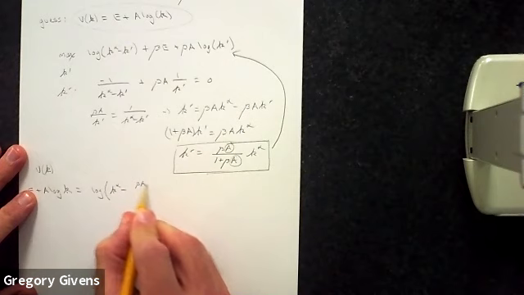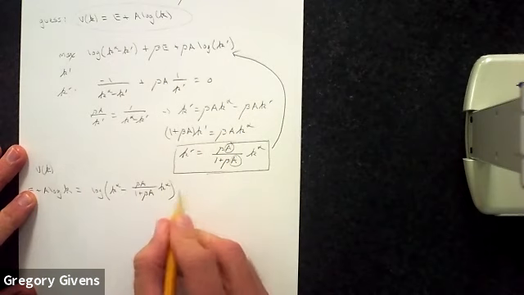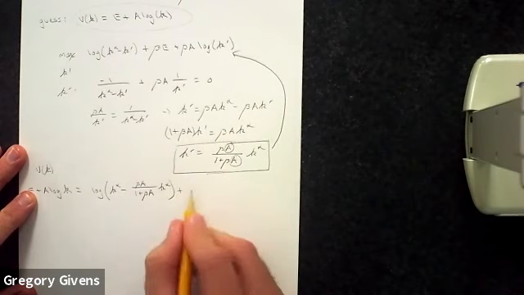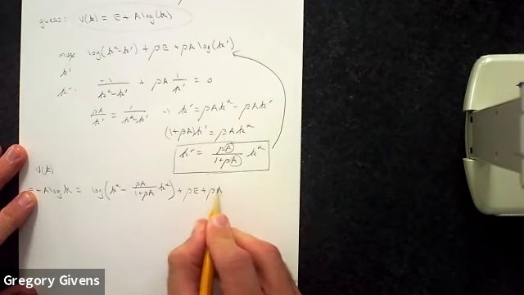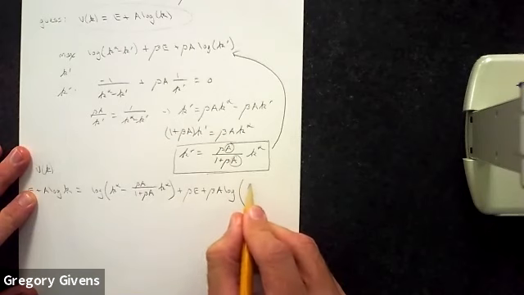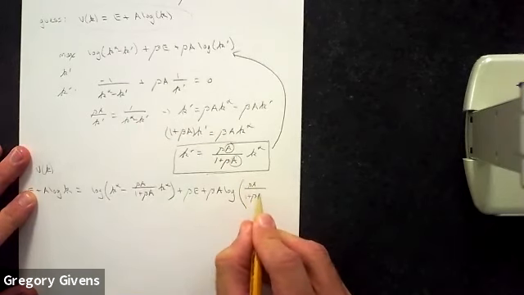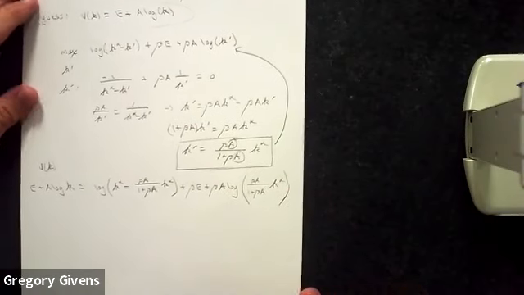So that's beta a over 1 plus beta a k to the alpha, plus beta e plus beta a times the log of k prime, which is beta a over 1 plus beta a times k to the alpha. I don't have this one in my notes, so hopefully I'm doing it right, but we'll find out.